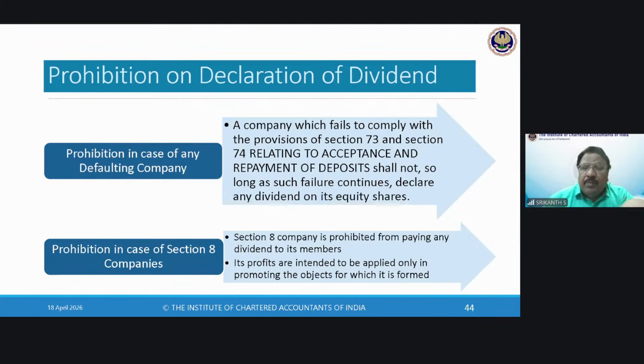The company is formed with social objectives, etc. Then it applies for a license to the regional director and says that this company on incorporation will carry on certain social objectives, charitable objectives, and it won't declare dividend, and whatever profits or surplus is generated will be applied towards the objects. Subject to that, they get a license. If they violate it, the license can be revoked. You studied this in incorporation, I hope. Section 8 company and all that.